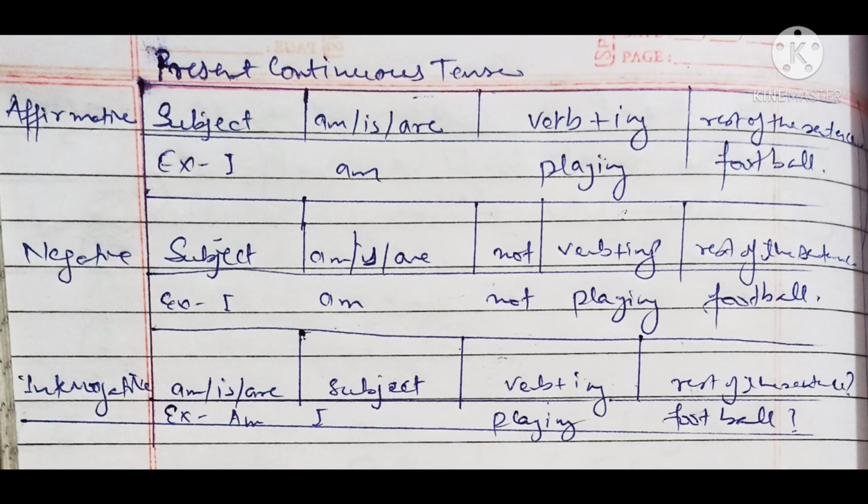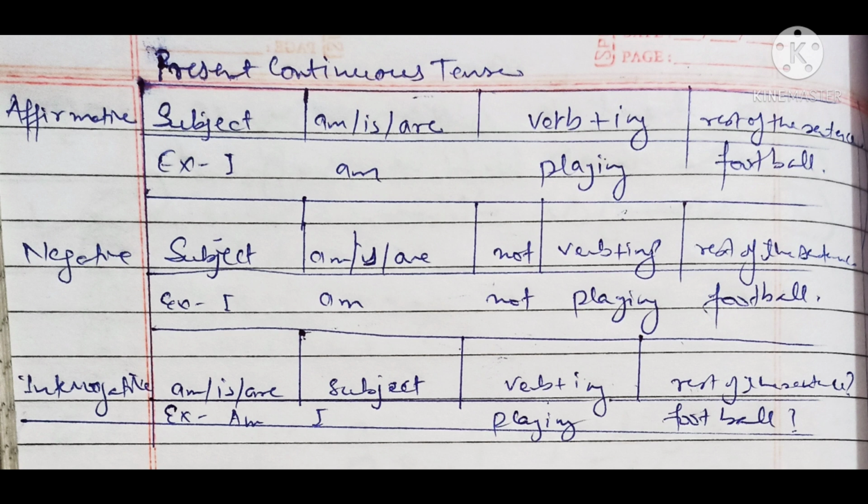So here is the sentence structure of present continuous tense. For affirmative, first thing that we write is subject, then helping verbs is, am, are, then verb plus ing, then rest of the sentence. Example, I am playing football, or Sheila is baking cookies. They are singing loudly.